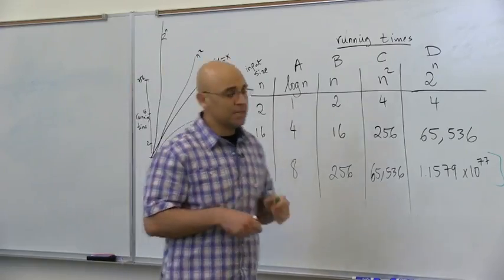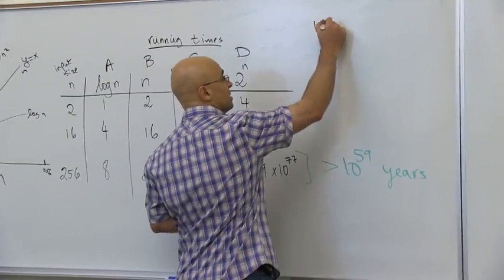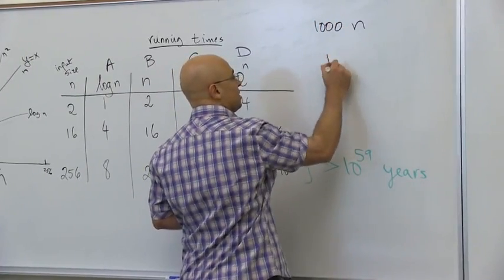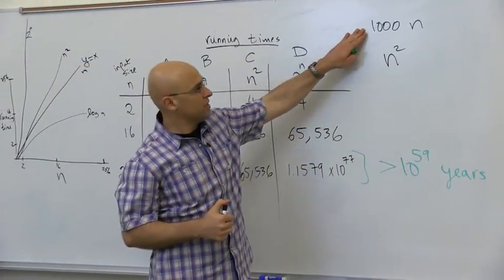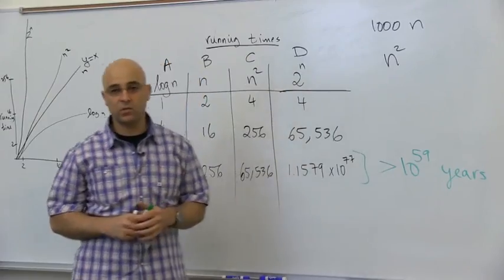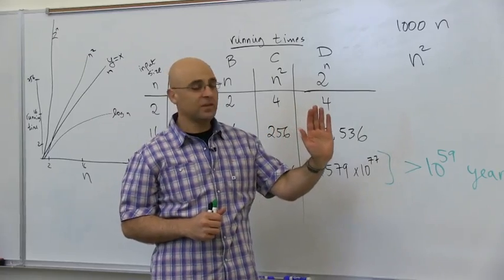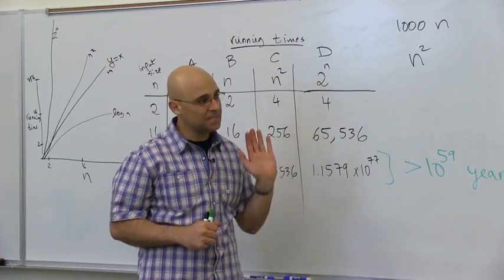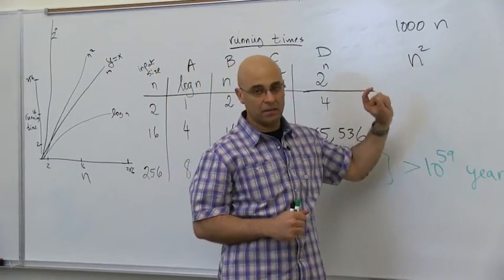To illustrate that, let's think about 2 algorithms whose running times are 1000n and n squared. One takes 1000n, one takes n squared. What I mean by as n goes to infinity, we can focus on dominating terms: the dominating term is going to be the n squared, not the n.